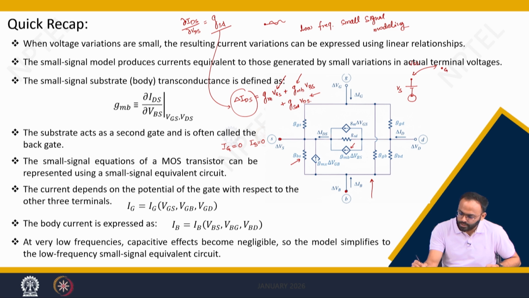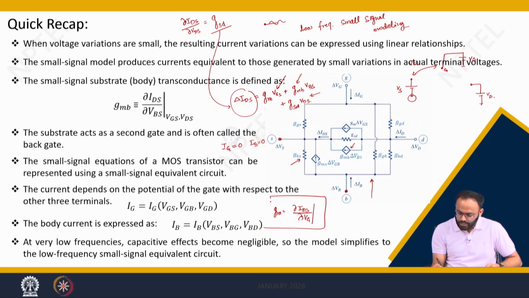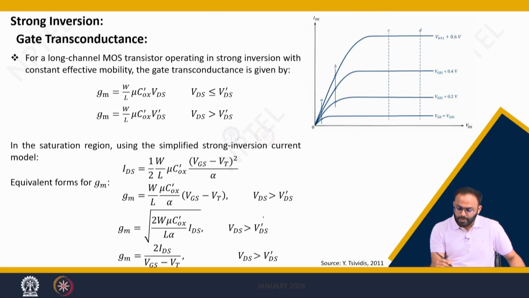Similarly, the gate can be defined as Vg, the drain as Vd, and so on. In addition, we can calculate the change in IDS with respect to change in Vg. So, we define alternatively these conductance or transconductance parameters. Now, let us see how we can calculate these parameters under different regions of operation.